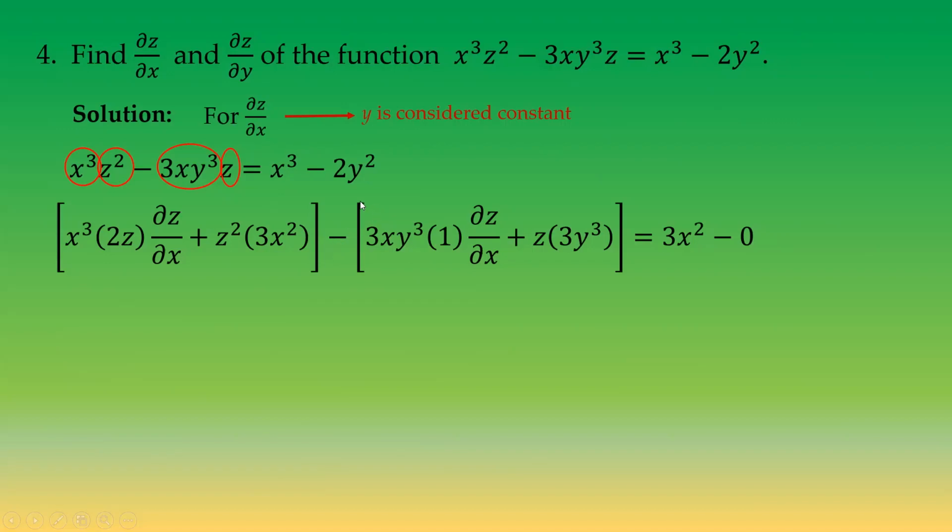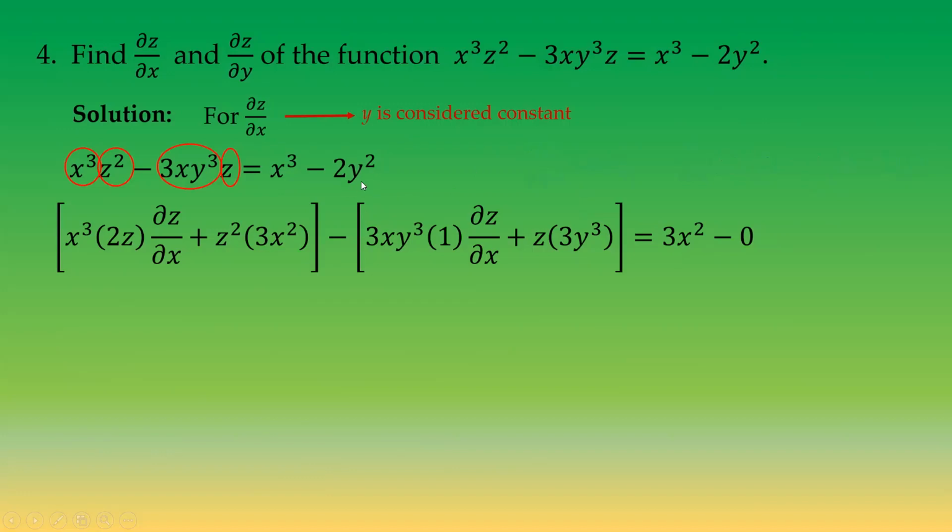Minus, we're going to use a grouping symbol again. Your first function there is 3xy cubed. The derivative of z is 1, times dz over dx. Plus z, whose derivative is 3y cubed. So what happened there? We have the derivative of 3xy cubed. Again, the 3y cubed is constant, because y is constant here. So your variables are x and z. So we have 3y cubed times 1, because the derivative of x is 1. So you only have 3y cubed there. This equals the derivative of x cubed, which is 3x squared.